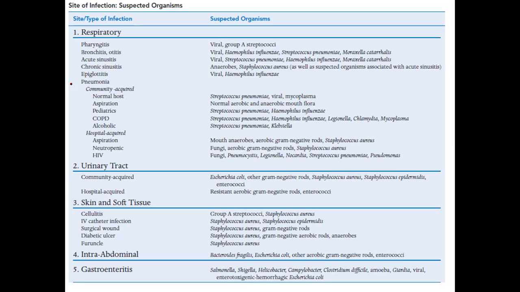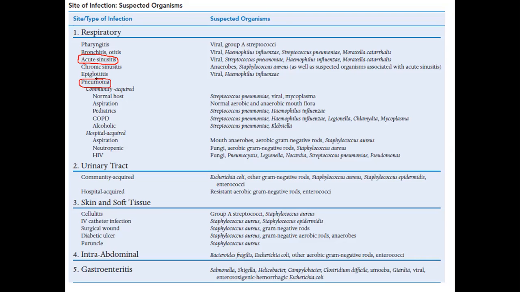For now, I'm going to look at acute sinusitis just for you to look at the organisms involved, and then we'll look at pneumonia. But this table will be good for you to revise.